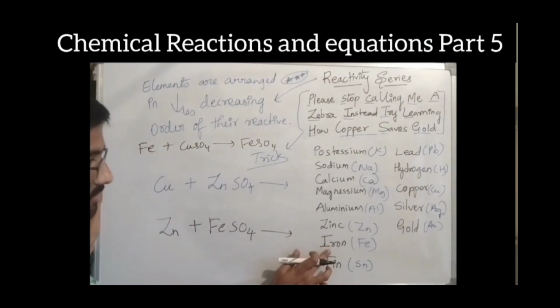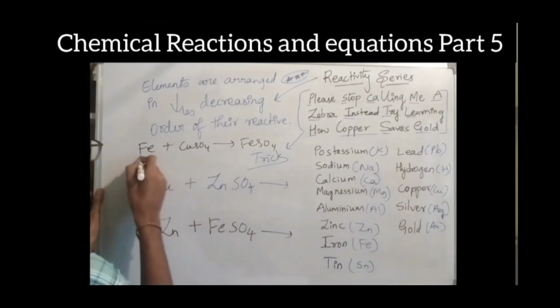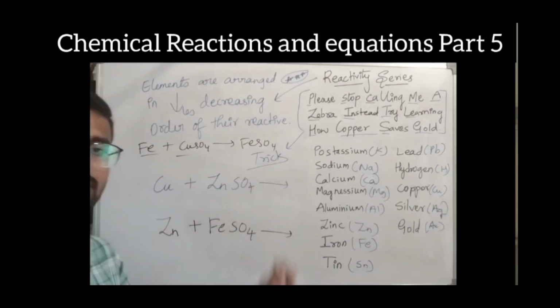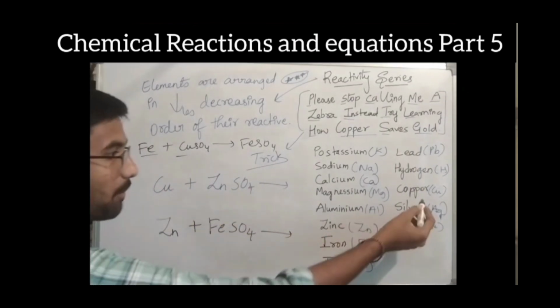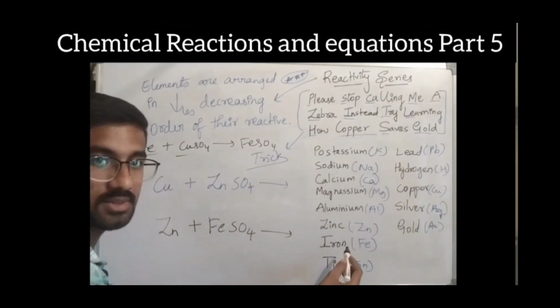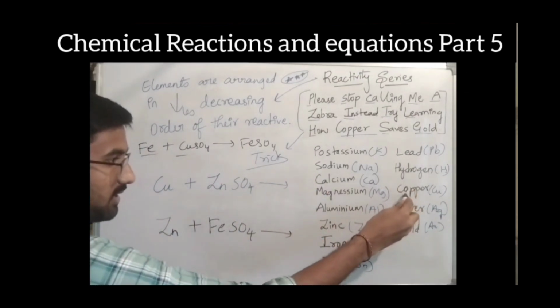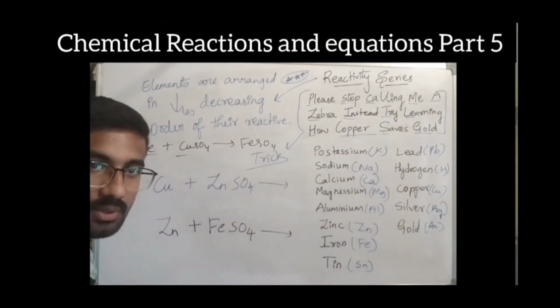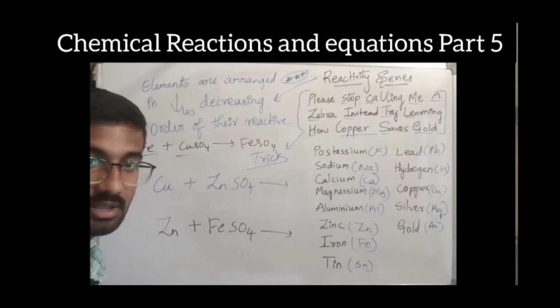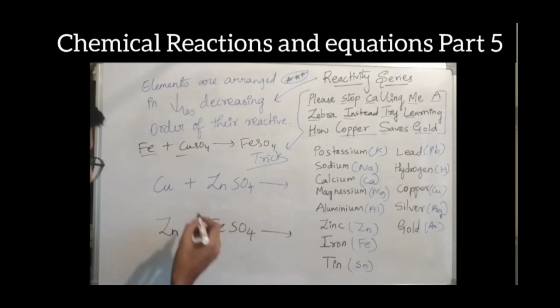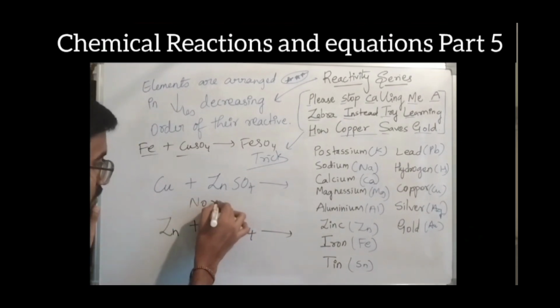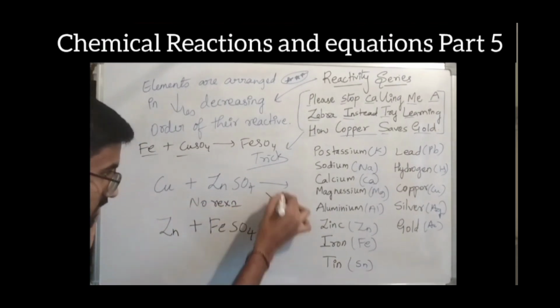Fe is above copper, so it can replace it and this product is formed. Now copper is here, zinc is here. Can the least reactive element replace the highly reactive metal? No. So the answer is no reaction, it is not possible.